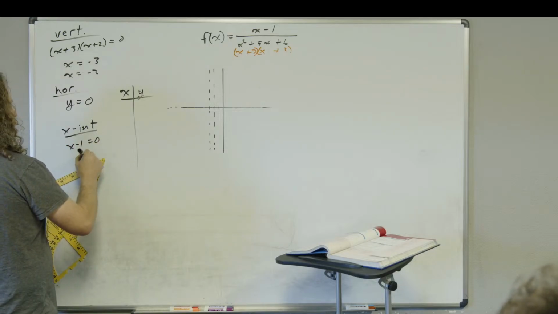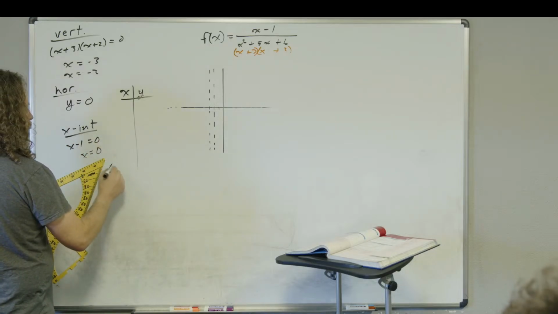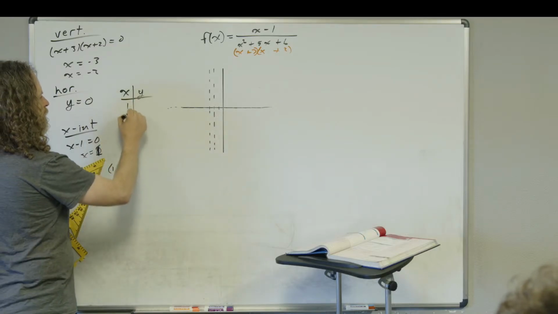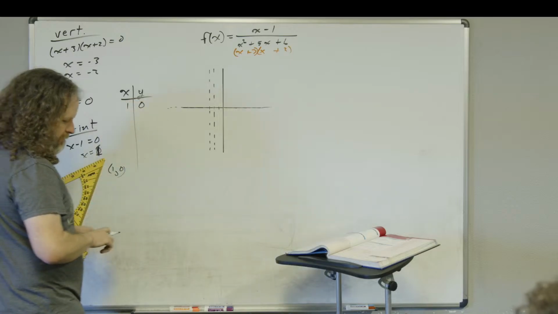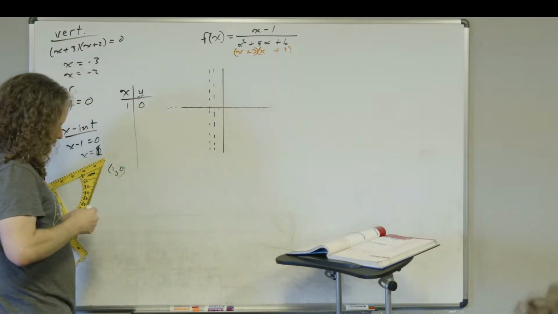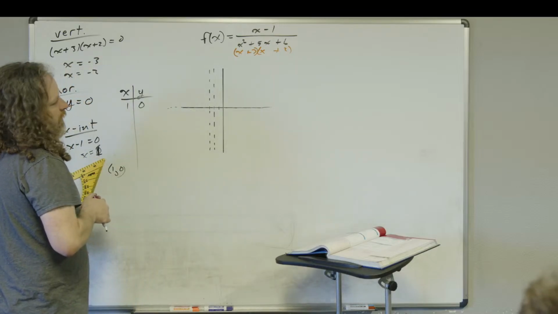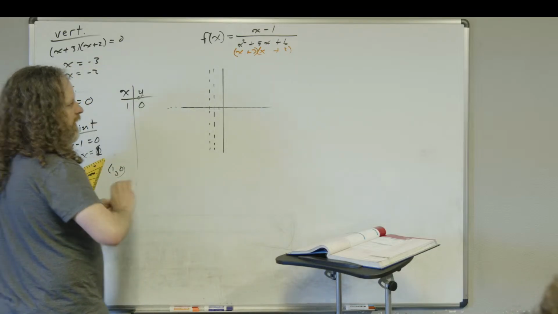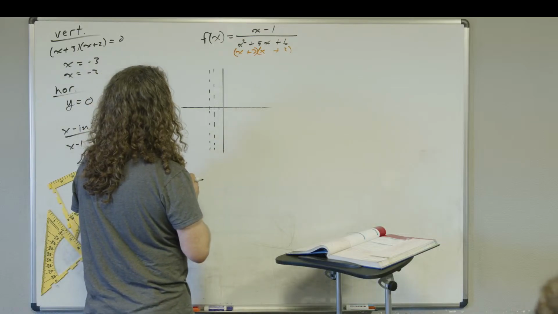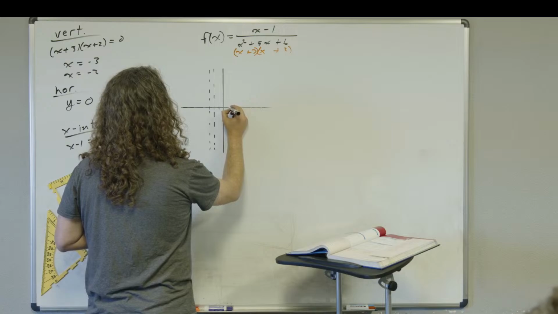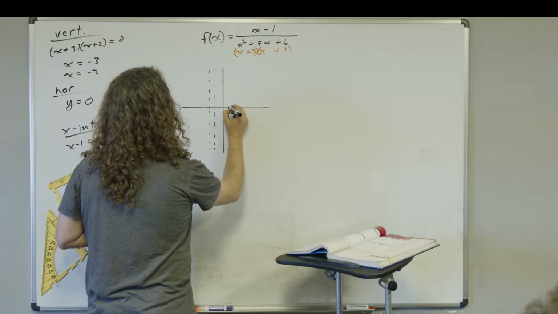We've got an intercept at x equals 1, so 1, 0. So one of our points is 1, 0. Great. That's helpful. Easy peasy lemon squeezy, because that also can help give us an idea of what this graph is going to look like.